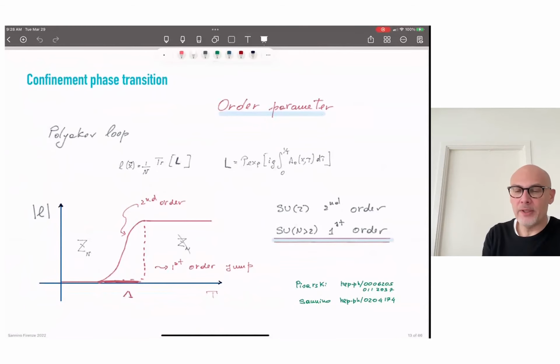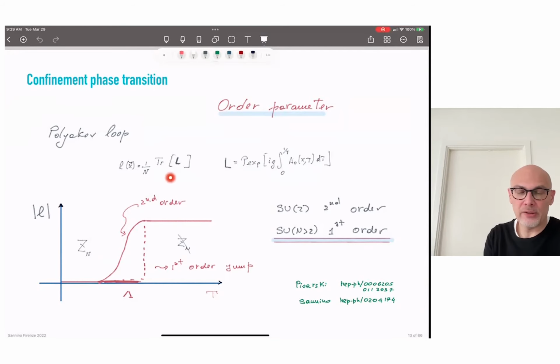Once you have a symmetry, you can then define an order parameter. The logical choice for the order parameter is what's known as the Polyakov loop, which is nothing but a Wilson line in the temporal direction. Mathematically, you write it as the path integral of the exponential of, this path ordered in time, the temporal component of your gauge field integrated in time.